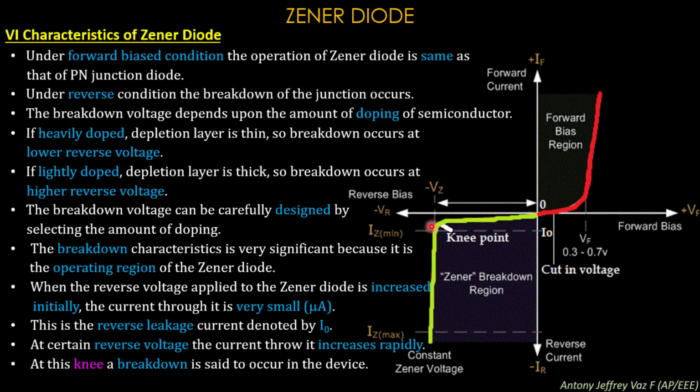So this is the breakdown region, and this is the knee point where the current starts to flow inside the diode. This knee breakdown is very sharp, like a rectangle.